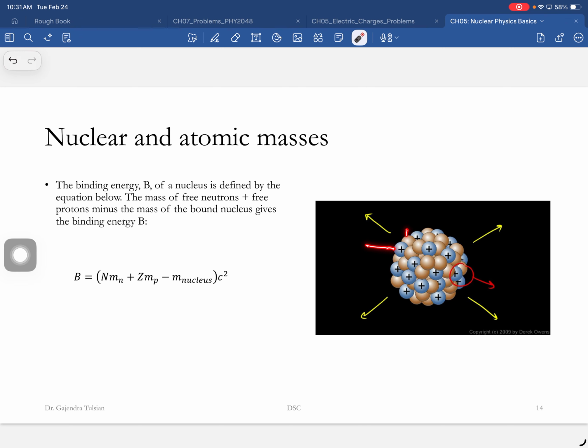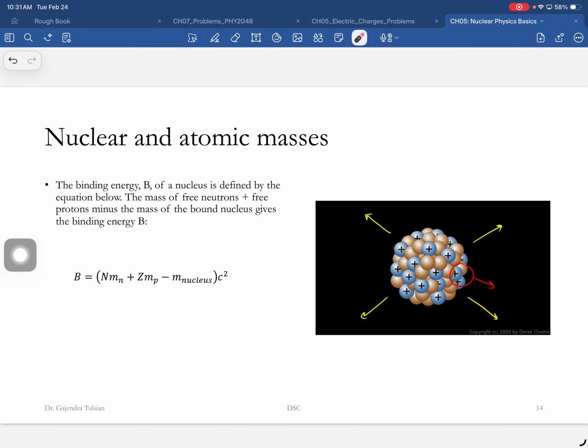A beta decay is when it spits out an electron. If it spits out an electron, a neutron got converted to a proton. If it spits out an anti-electron, then a proton becomes a neutron. So it tries to become stable by either converting a neutron to a proton or a proton to a neutron inside the nucleus.